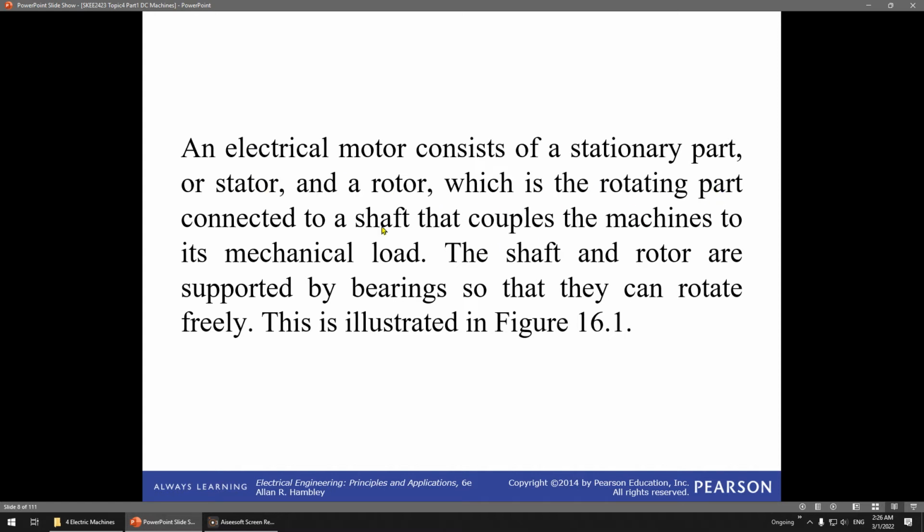The rotor is connected to the shaft that is coupled with the mechanical load. The shaft and the rotor are supported by bearings so that they can rotate freely, as illustrated here.